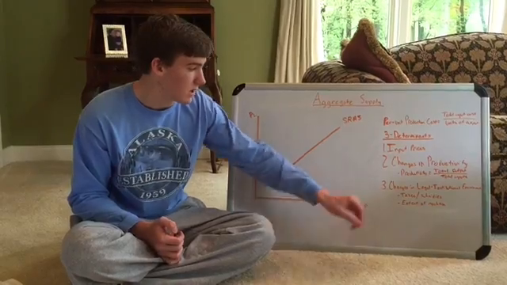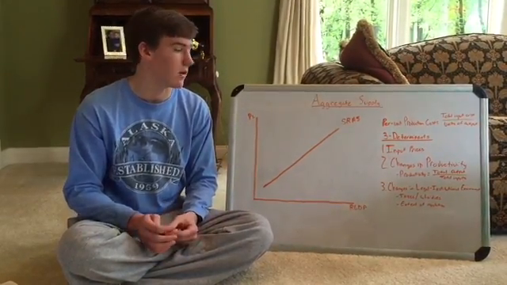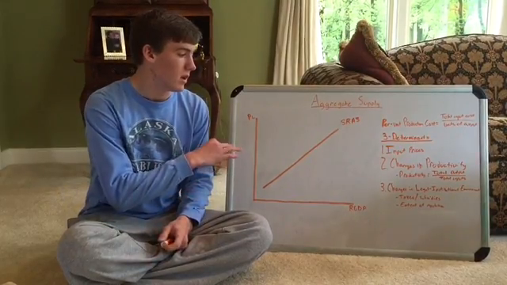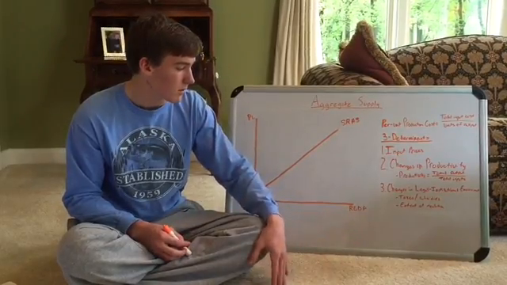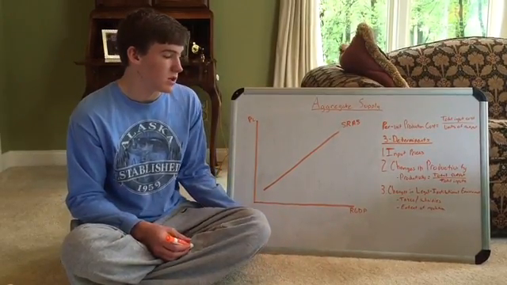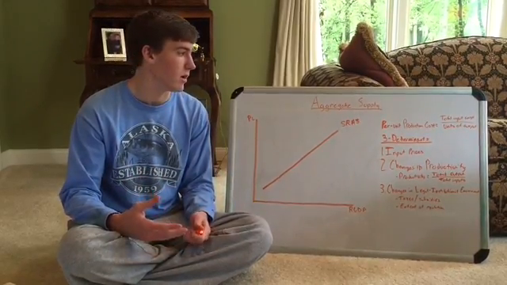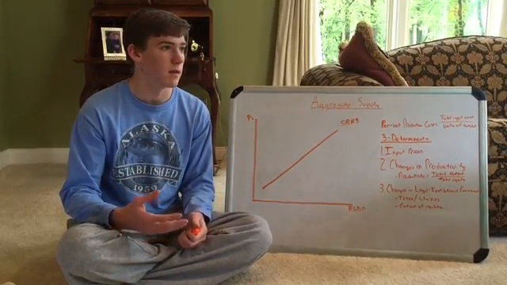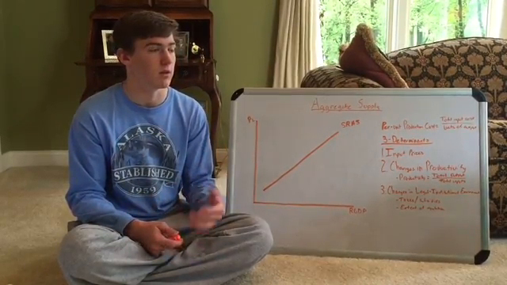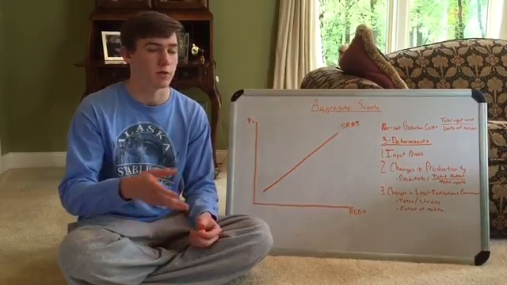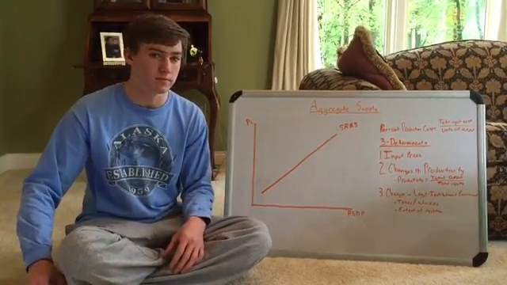The third is changes in legal institutional environment, which is if the government were to impose per unit taxes or subsidies on a firm, or the extent of regulation, which means the more regulation there is on a certain product, the more it's going to tend to shift the aggregate supply curve to the left because the regulation will increase the price of its input needs.